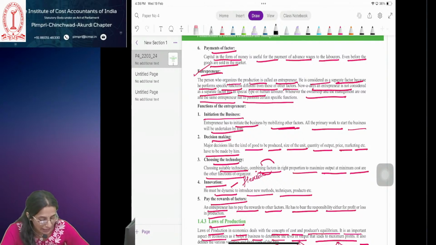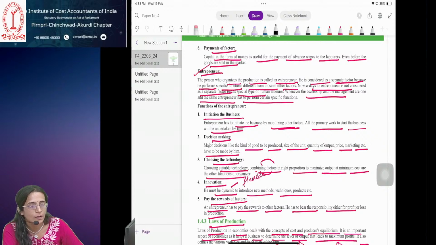He must be dynamic to introduce new methods, techniques, products, etc. Pay the reward to factors. Who has to pay the reward to other factors? What we discussed, the entrepreneur only, with the help of capital, will bring other factors into the business for production, right? So he is bringing those factors, then he only will pay those factors after the goods are produced.